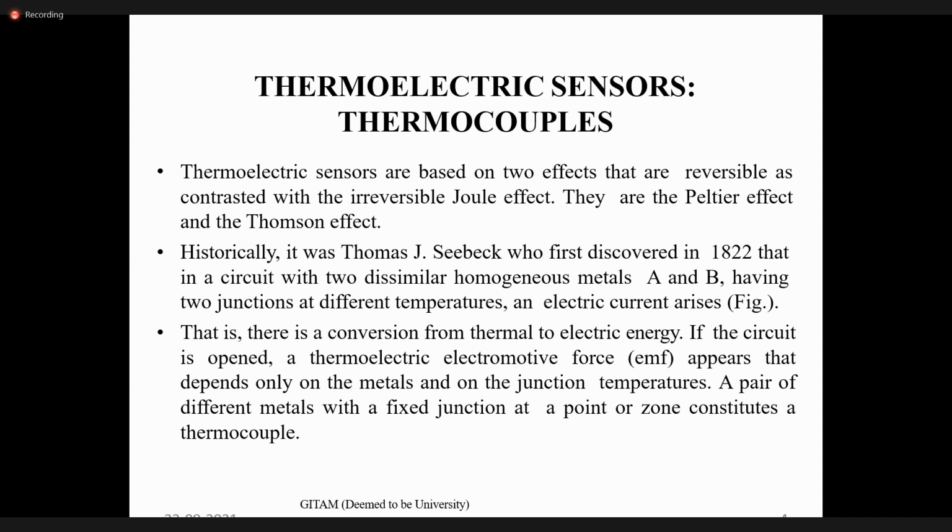They are the Peltier effect and the Thomson effect. Students, in coming slides we will see what the Peltier effect is and what the Thomson effect is.